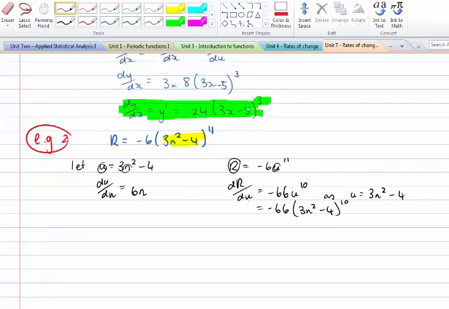Now it's always going to be the product of these two, but we want to make sure we communicate it properly. So we start off with r with respect to n is going to be our derivative.